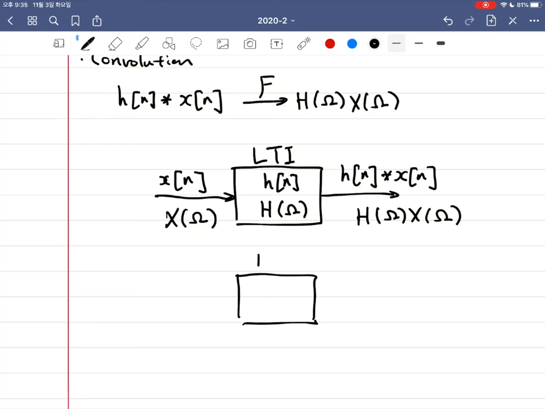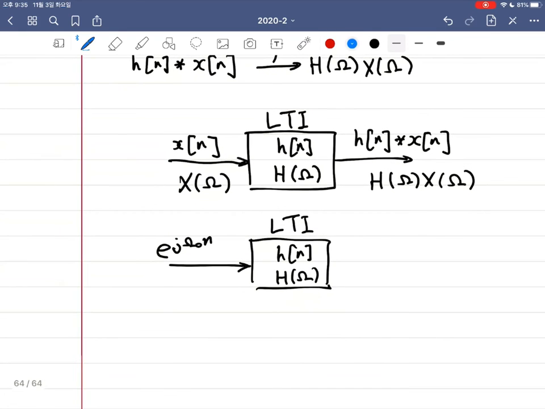And furthermore, if I have this same LTI system and I would like to select the input as the complex exponential, recall that the complex exponential is the eigenfunction of the LTI system.